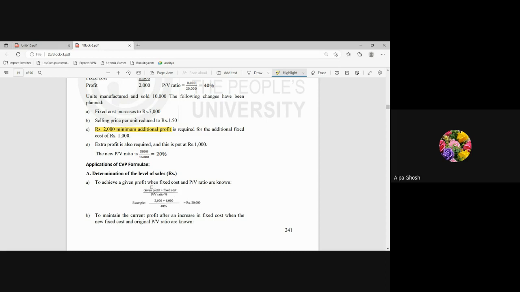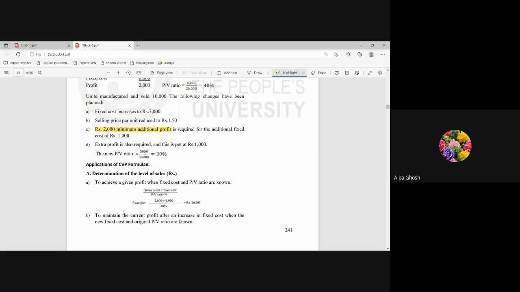Here there is no fixed cost given, so what will be the fixed cost? From the above, it is 6,000. And what was the PV ratio percentage in the first one? It was 40%.